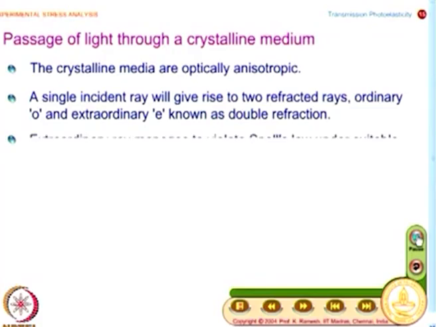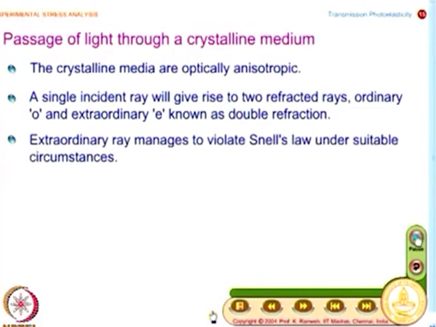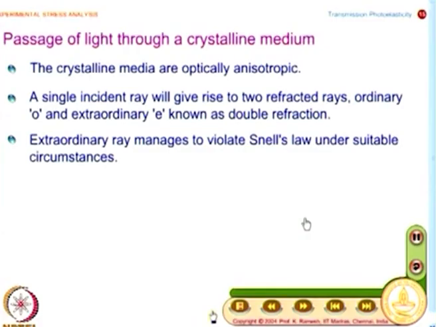First, we will have a look at the ray diagram, and then as I mentioned, I will provide you an experimental justification for all these concepts. We will just look at the ray diagram, and what happens here.